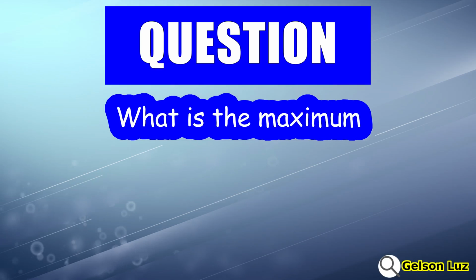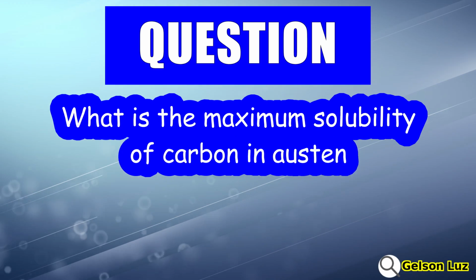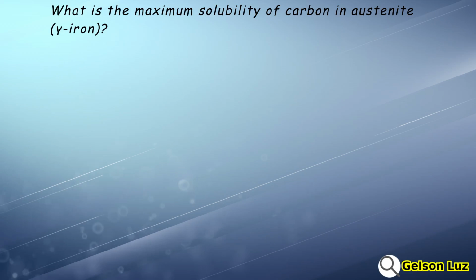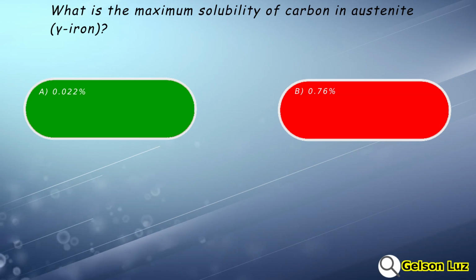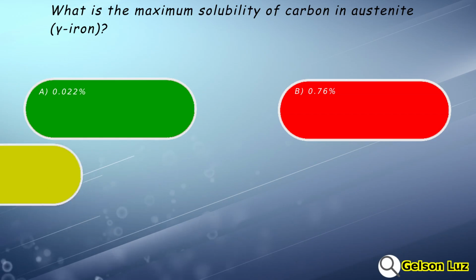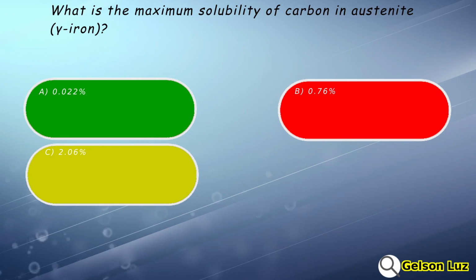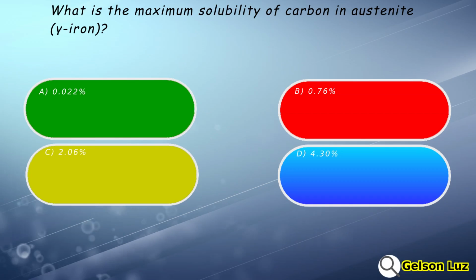3. What is the maximum solubility of carbon in austenite iron? A. 0.022%. B. 0.76%. C. 2.06%. D. 4.3%.